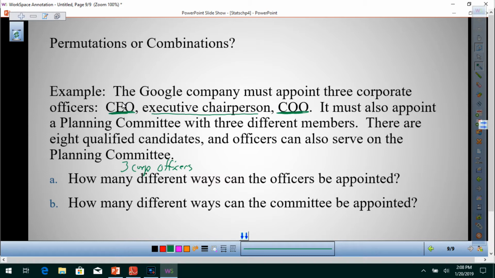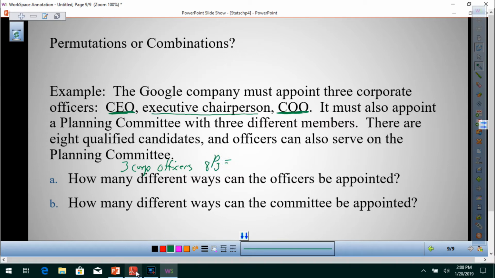So it matters. If you're CEO, your pay is more than the executive chairperson. If you're executive chairperson, it's more than the chief operating officer. So it matters whether you're the CEO, the executive chairperson, or the chief operating officer. It really matters. So that's a permutation, and we'll do 8P3.